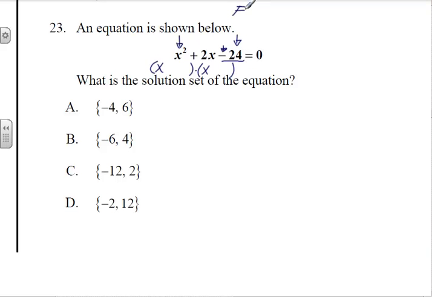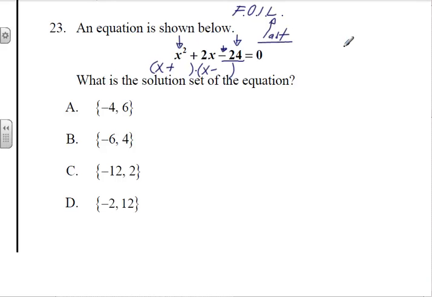And because of the FOIL method of multiplying binomials, that L stands for last, right? It tells you that the last terms in each binomial, if you multiply them, will give you negative 24, which means they will have what sign? One will be positive, and the other one will definitely be negative. Okay.